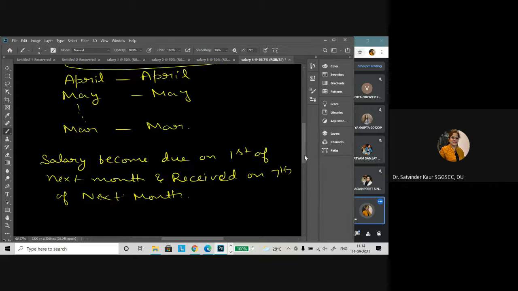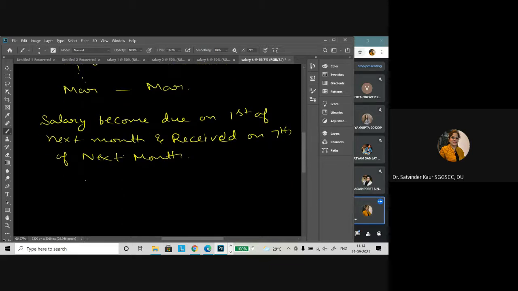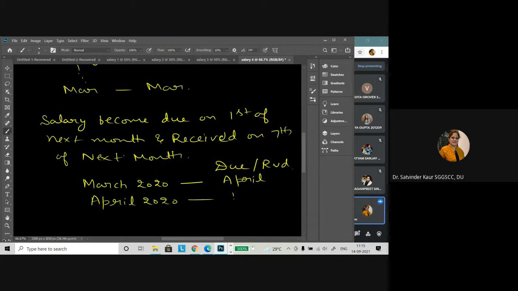Now in this particular case what happens, that the salary of March 2020 is becoming due in April, ड्यू भी अप्रैल में हो रही है और रिसीव भी अप्रैल में हो रही है। Similarly salary of April 2020 is becoming due in the month of May and so on and so forth.